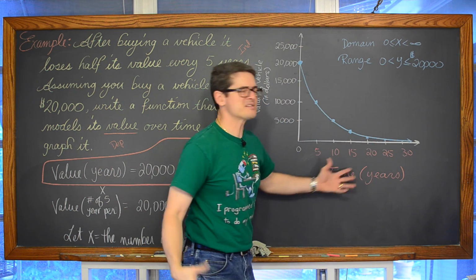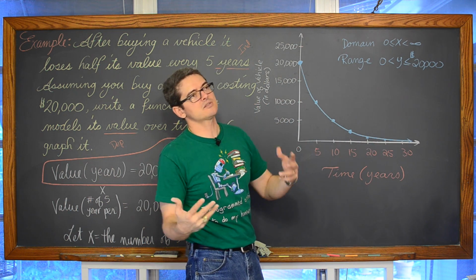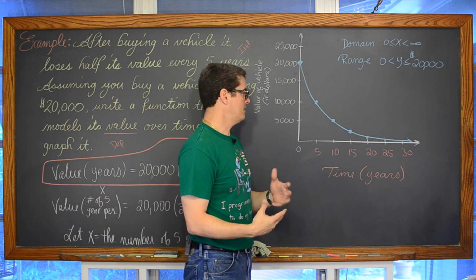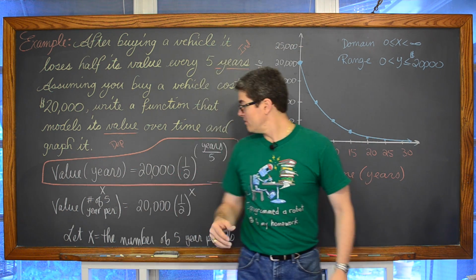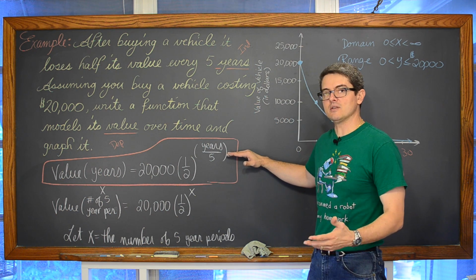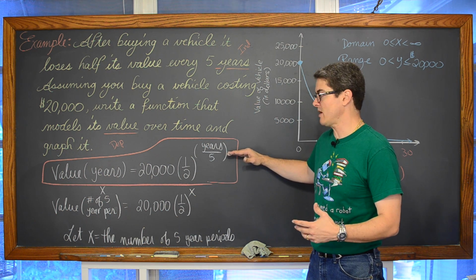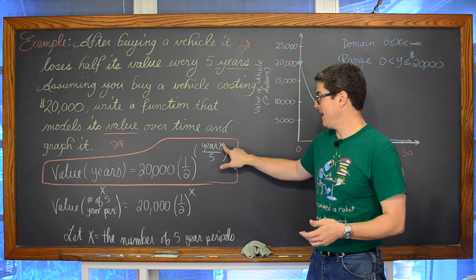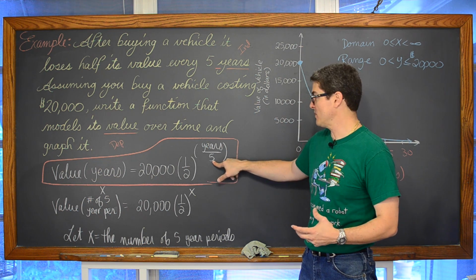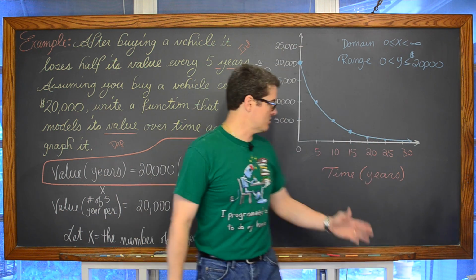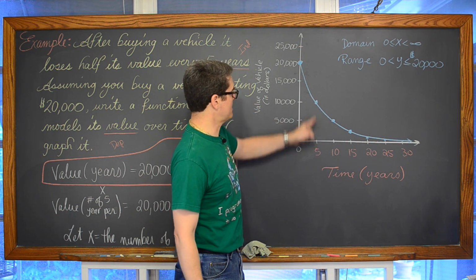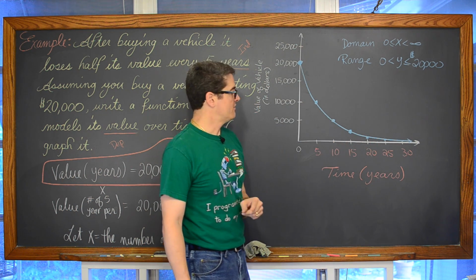And really, this is how we talk. I guess if you're used to financial work, saying number of this particular time period would be great. But it'd be much more easy to understand if you just said, okay, the x-axis is the number of years, and do that division of 5 in the exponent to let the formula create the number of 5-year periods, and then you can just look at the graph and go, oh, 5 years later, $10,000. 10 years later, $5,000.